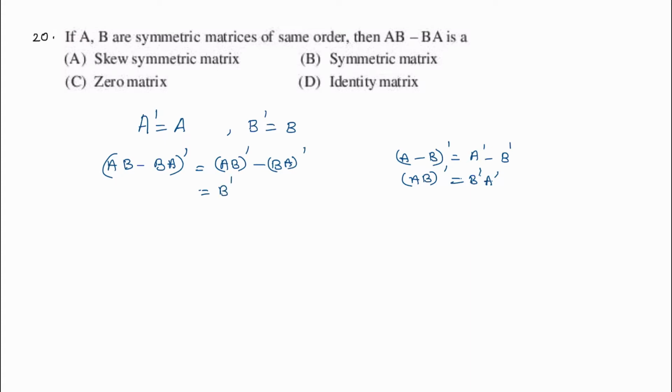So using this law, we get B dash A dash minus A dash B dash. And we know that B dash is B and A dash is A. Let us take minus sign common. We get minus of AB minus BA. So we have proved that dash of AB minus BA is minus of AB minus BA. Therefore, AB minus BA is skew symmetric.